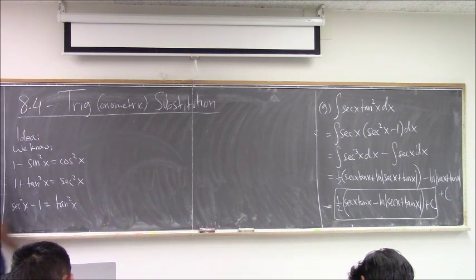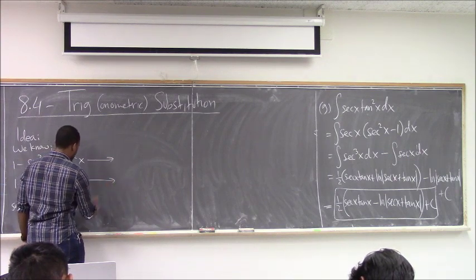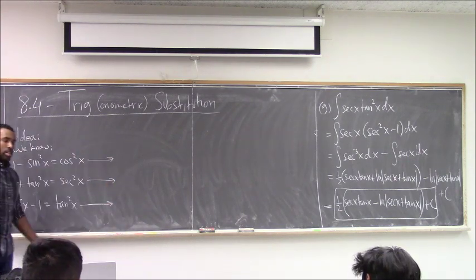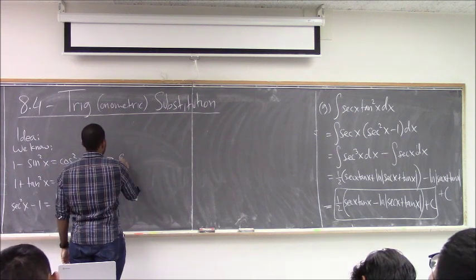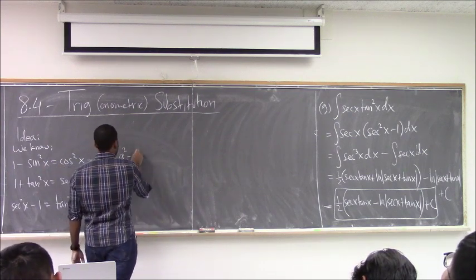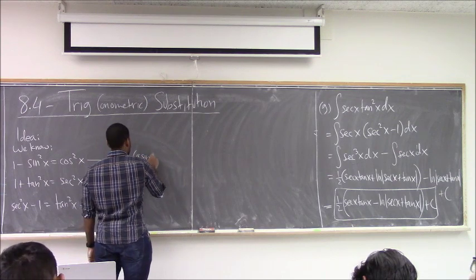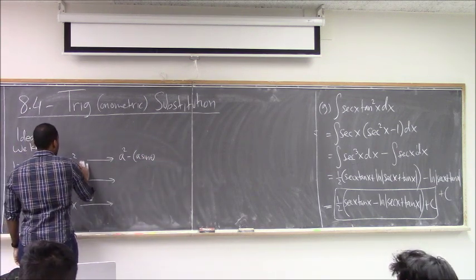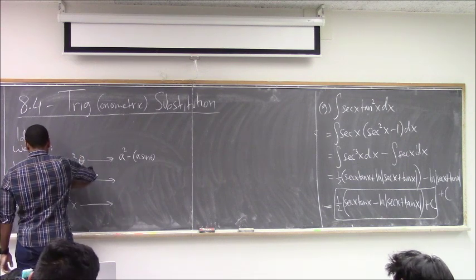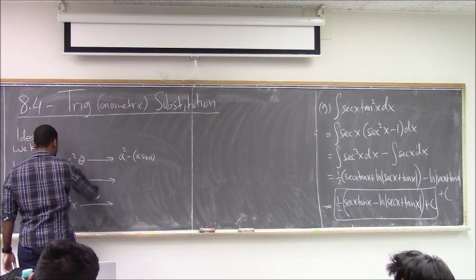And here's what I'm going to do. I'm going to multiply both sides by a squared. Why would you do that? We'll see. Multiply this by a squared. Notice that I can write the right side as a squared minus a sine theta squared. Maybe it's nice if you use theta.